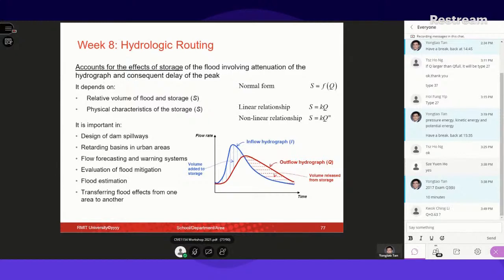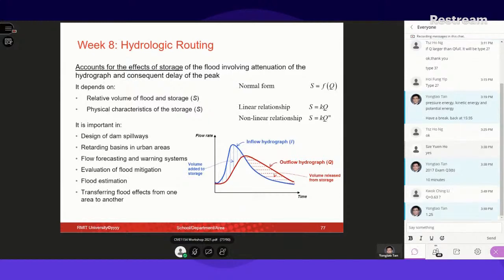No, the answer is not this one. The answer is 1.25 cubic meters per second. You can check that. Anyway, I will upload the answers later.